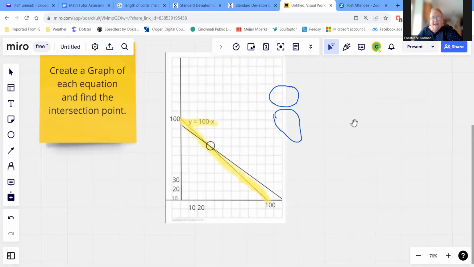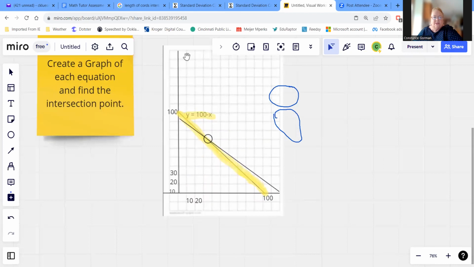So I went ahead and graphed each of these equations. Let me erase what I have drawn on here so it doesn't interfere with us.